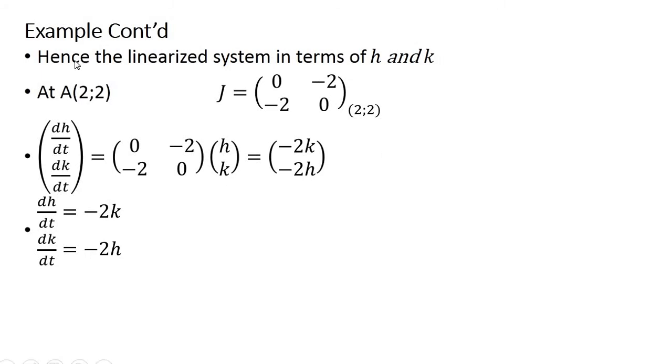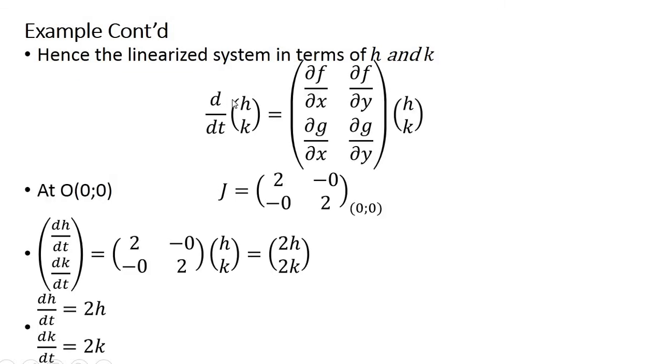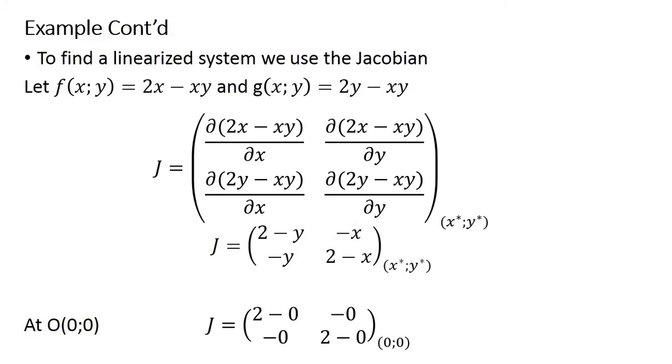Alright, so let's come up with a linearized system in terms of h and k at (2, 2). We substitute 2, 2 into our Jacobian: 2 minus 2 is 0, minus 2, minus 2, and then 2 minus 2 is 0.